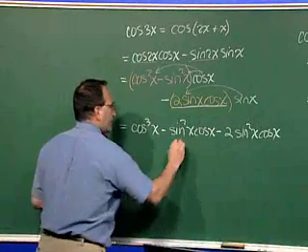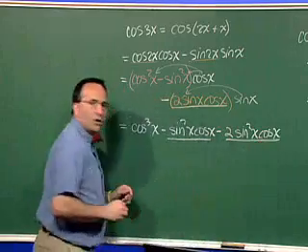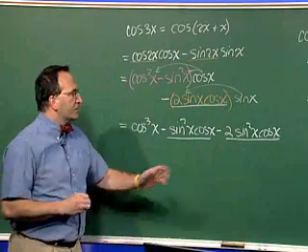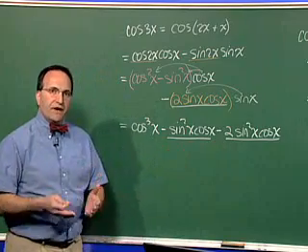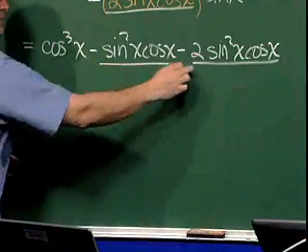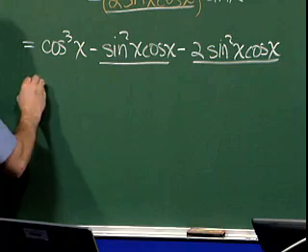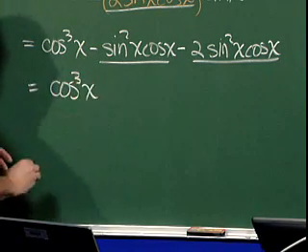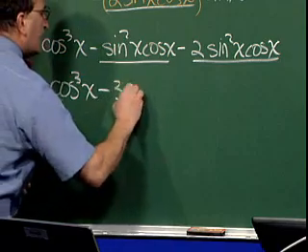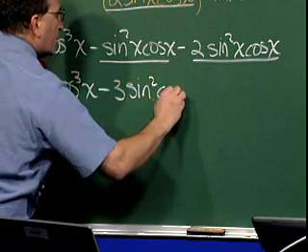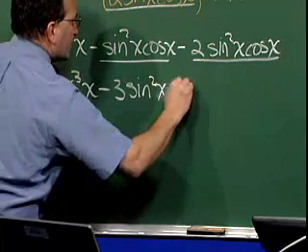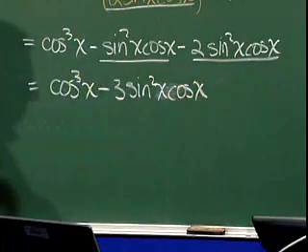Well, interestingly enough, we see that those two terms are exactly the same. They're both sine squared x cosine x in terms of the variables. So I have -1 and -2 of them. So my final answer is cosine cubed x minus 3 sine squared x cosine x.